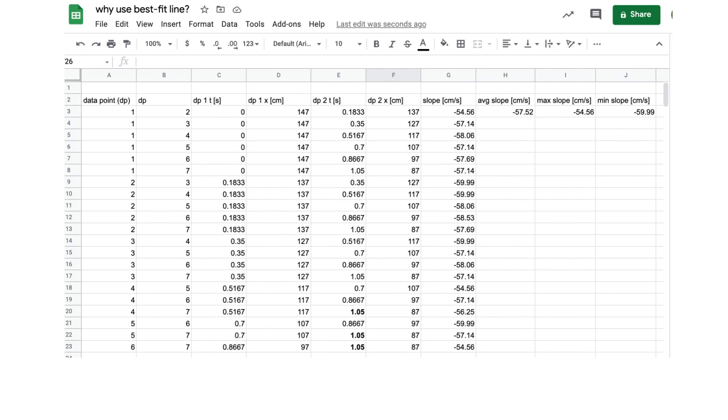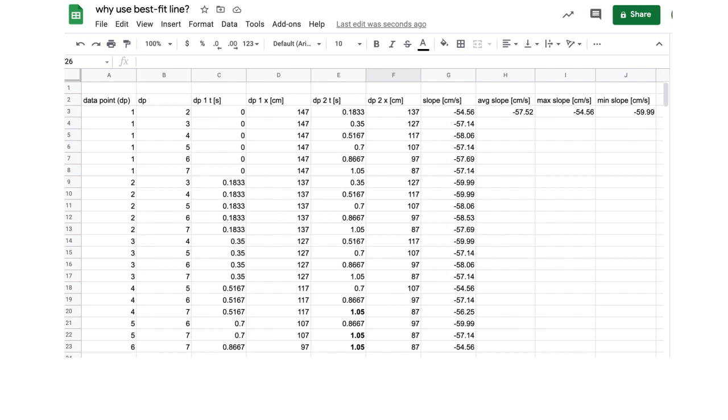But those slopes range from the largest value, remember, for negative numbers, smaller is larger, the largest value of minus 54.6 centimeters every second, all the way up to basically minus 60 centimeters every second. So that's a range of about 5 centimeters every second from the same data set. And depending on which pair you pick, you could get anything in there, right?